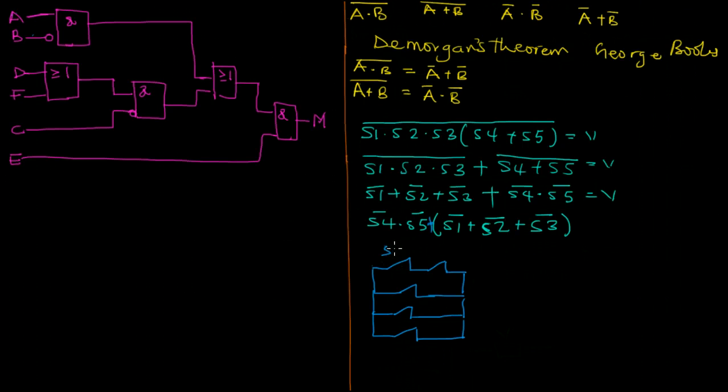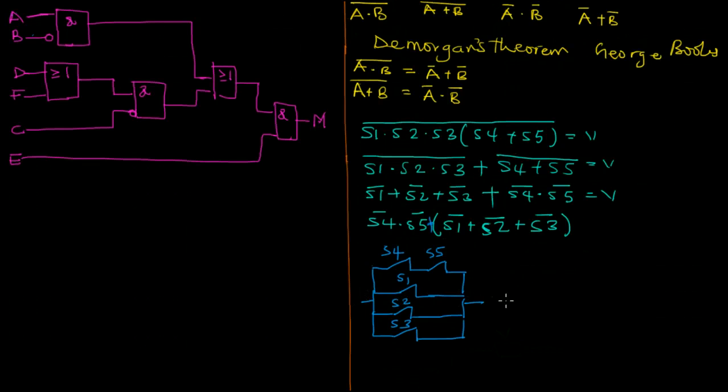So we have here S4, S5, S1, S2, and S3. If you remember in mathematics, the output of all this is multiplying with a 1 here, which we don't usually show. So this now is the circuit diagram that represents this Boolean expression.